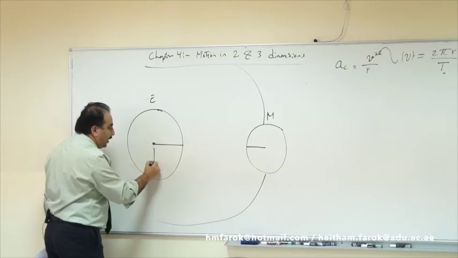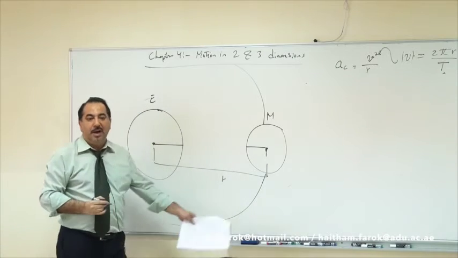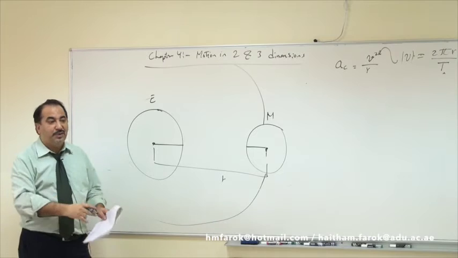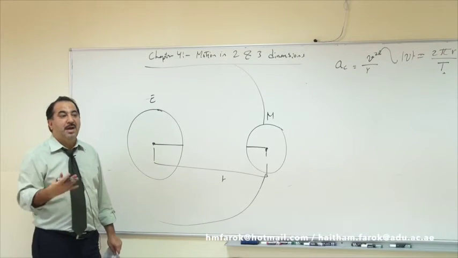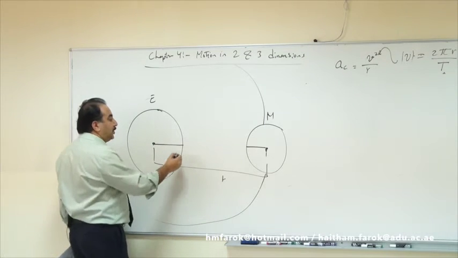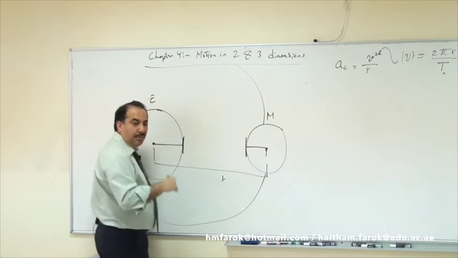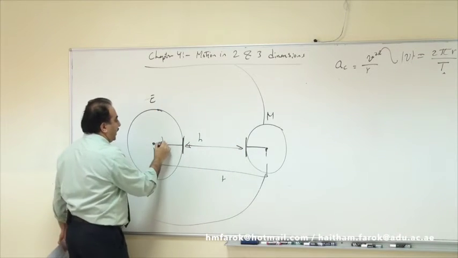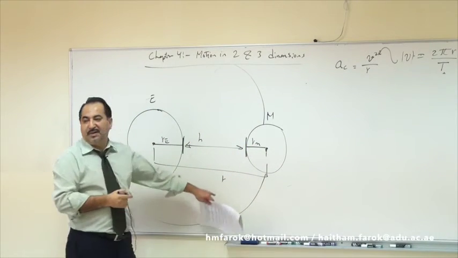From the center of Earth to the center of the moon, R. Now, either this is given or you have to calculate it. And in this question it is given. It says from center to center, but maybe in another question we give you the distance from the surface of Earth to the surface of the moon. This is like H.